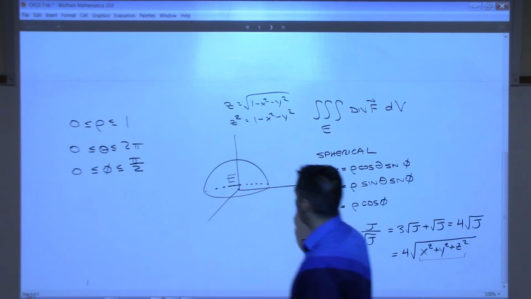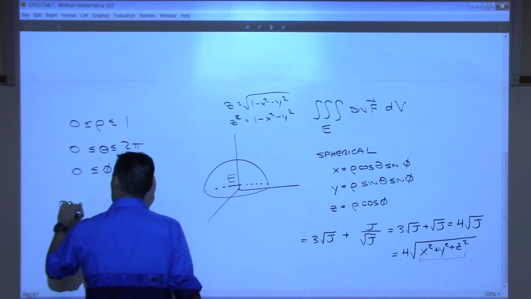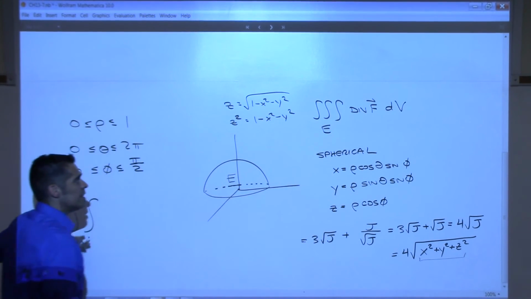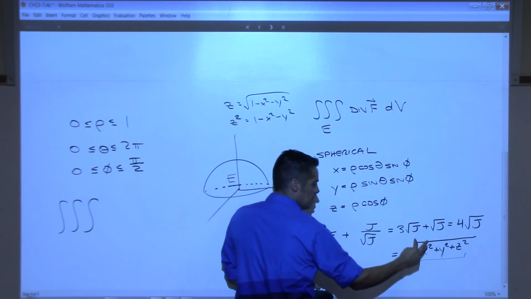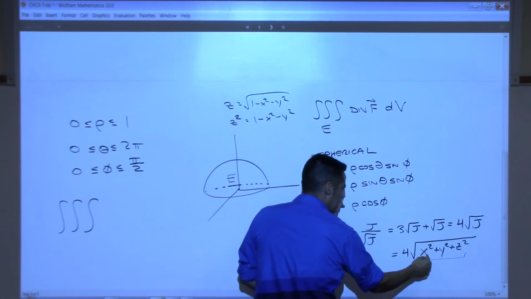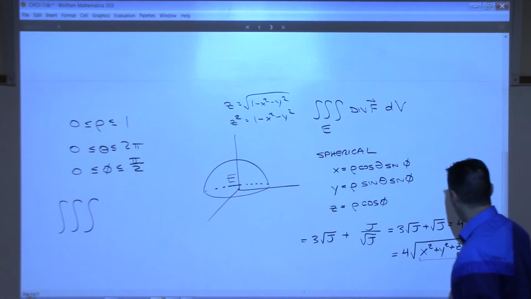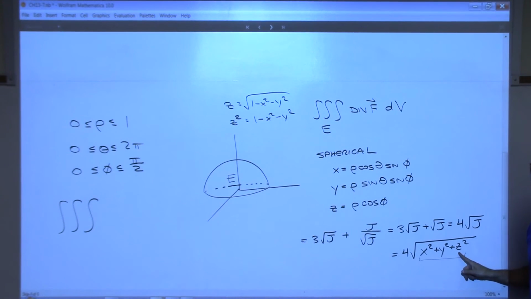So we've got a triple integral. I'll put my limits of integration in just a second. I need to do the div of f, which we determined was this, right? The square root of x squared plus y squared plus z squared we said was rho squared and then square root. So this is 4 rho.